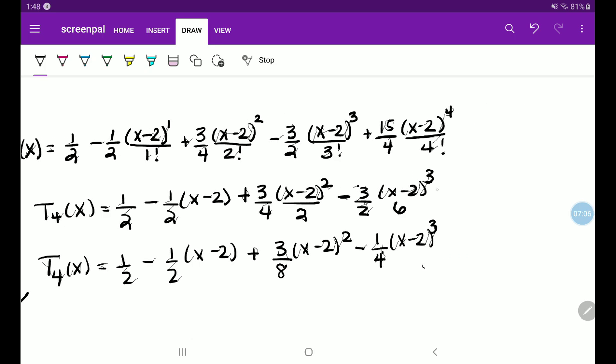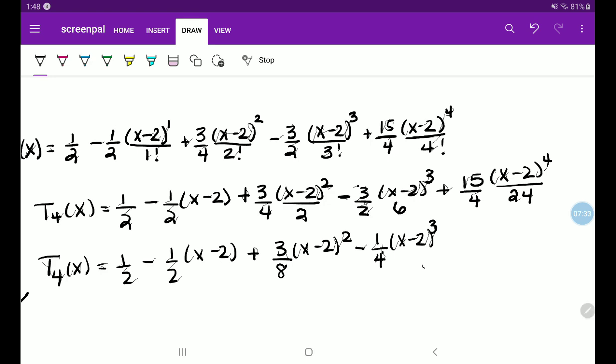All right, and we're on to the last one. So we had 15 over 4. We have our x minus 2 to the 4th, but we needed to go ahead and simplify 4 factorial. So 4 math, go over to probability, and number 4 is your factorial, and that is 24. So really we have 15 over 4 times 24. So I'm going to go ahead and put that in my calculator.